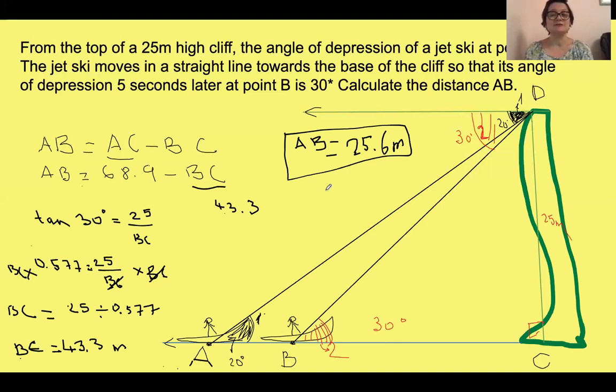So you need to be clear when you say why the triangle is a right angle triangle. Just apply both ratios and take away, and that's how you find the side AB in this case. And you can apply these skills in other problem solving that involves angle of elevation or angle of depression, and find the sides.